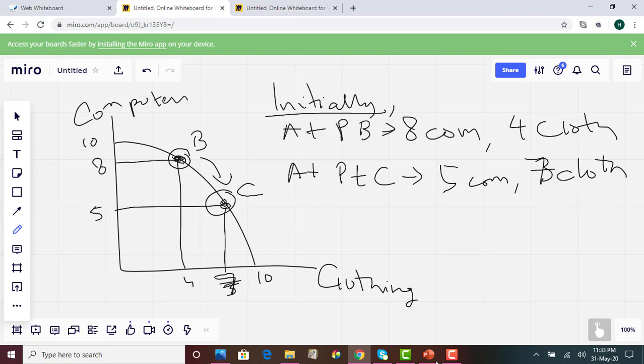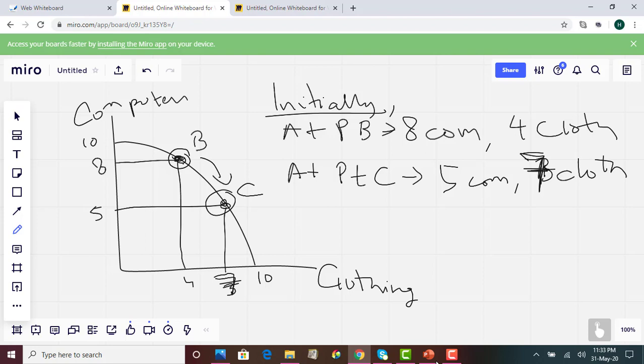That's a mistake on my part, my apologies. So at point C, we will have 5 computers and 7 clothings. Okay, so my first question is, is it a good move to move from point B to point C?